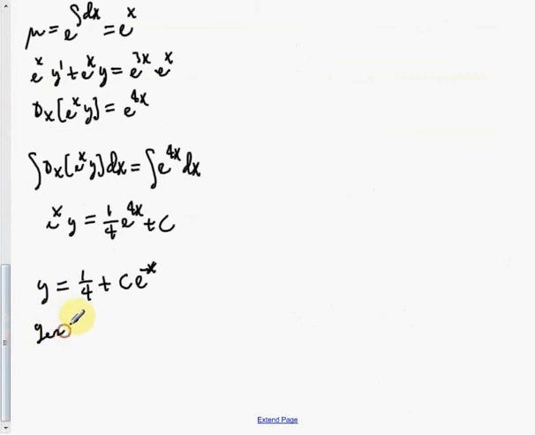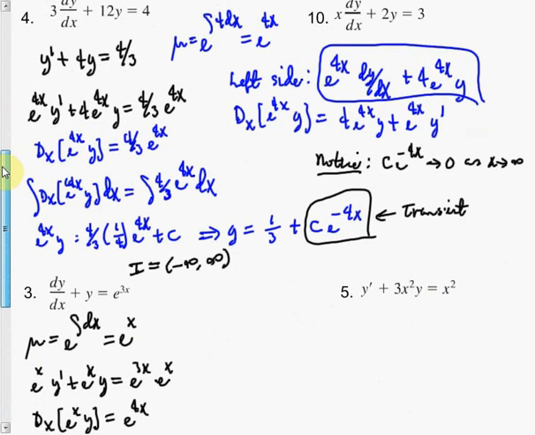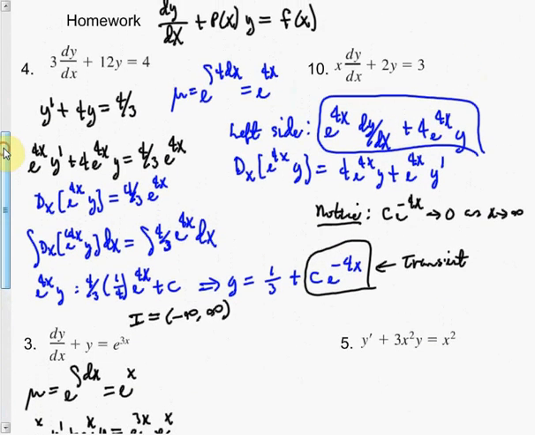And yes, it is transient, because this factor, c times e to the negative x, excuse me, I goofed. This guy does not go to 0. It does, because e to the 4x is on the bottom.